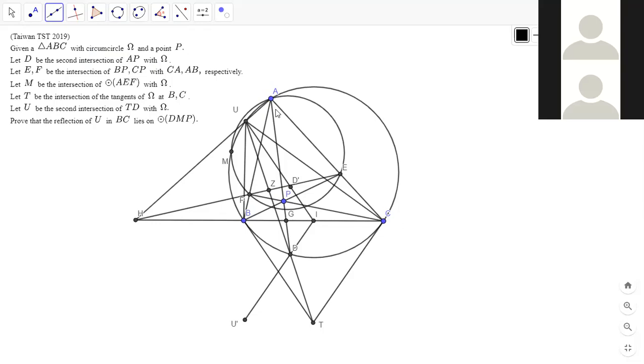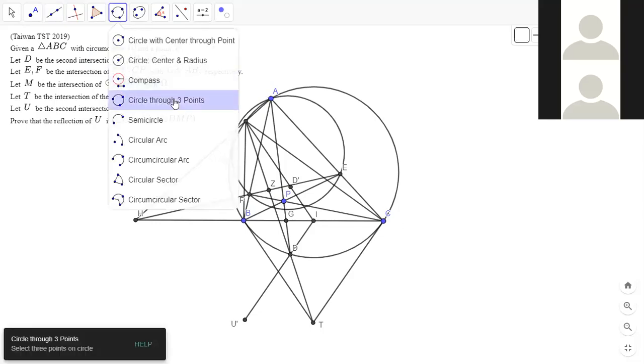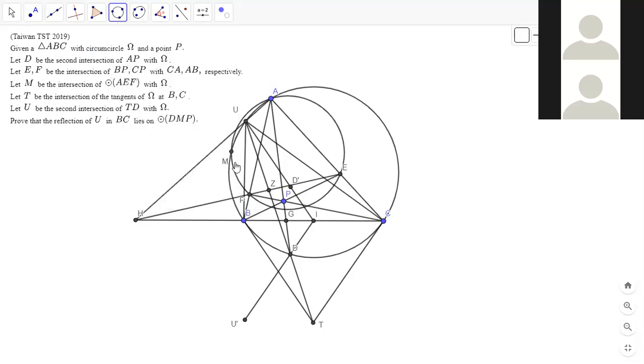Let me draw the circle again. We don't know it exists, but maybe we'll see something special about it. Is there anything special about this circle? Can we use power of a point? Maybe we can intersect ID.